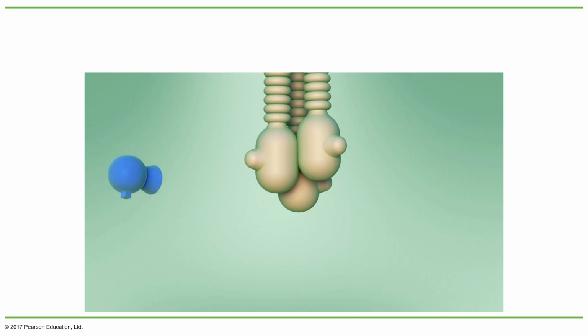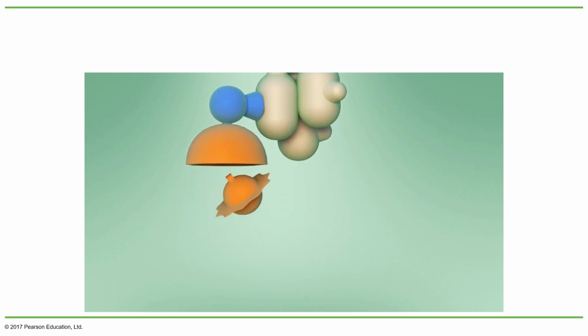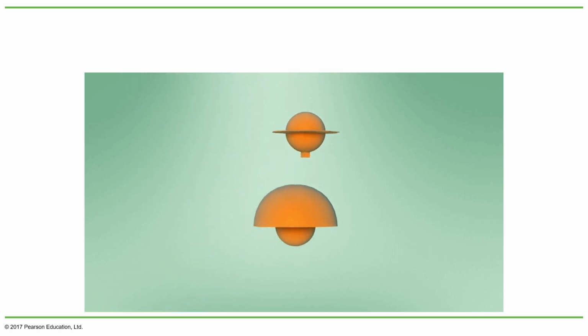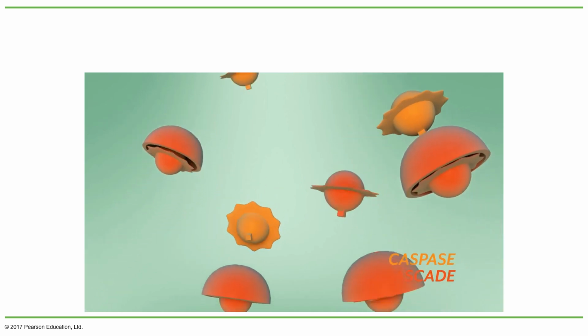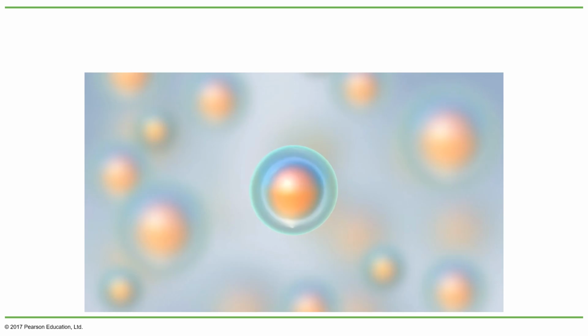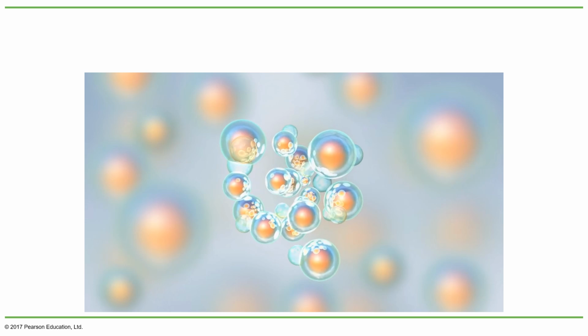The sequence is mediated by a Fas-associated death domain, or FAD. In the final step of the extrinsic pathway, caspases activate each other in a self-amplifying process called the caspase cascade. Apoptosis is then initiated as the active caspases begin the breakdown of cellular materials.